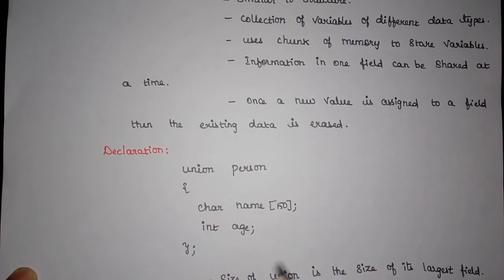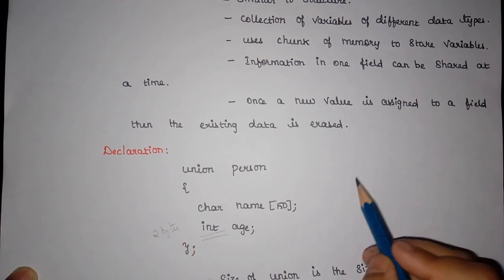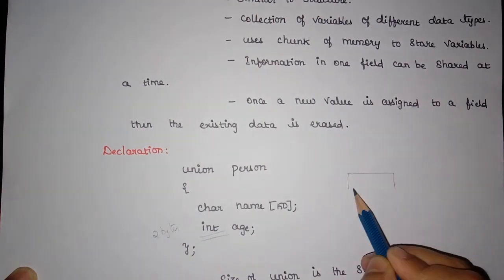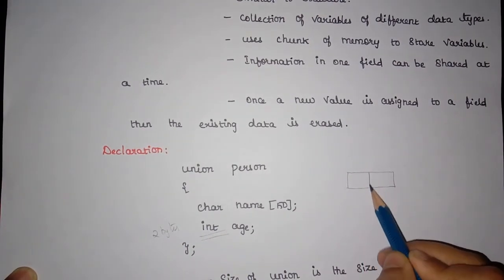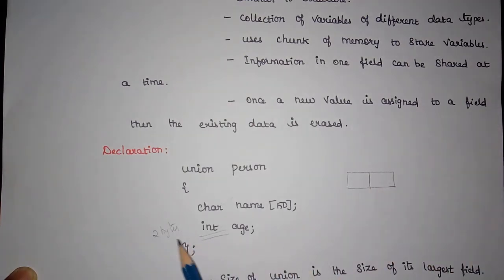That size will be allocated, and here integer has the higher size. For example, let us consider that the integer size is 2 bytes. So the memory will be allocated with 2 bytes.